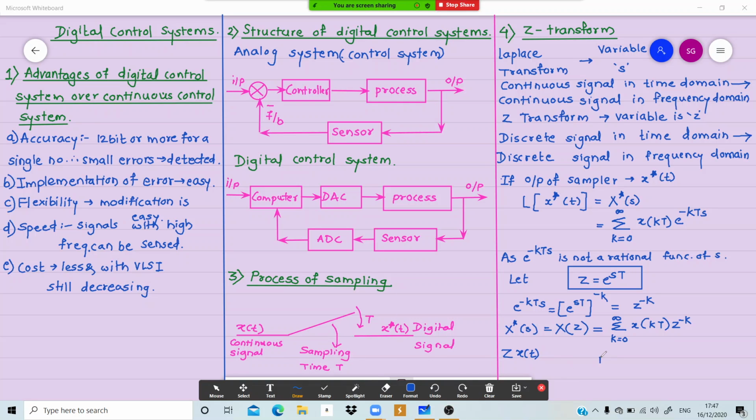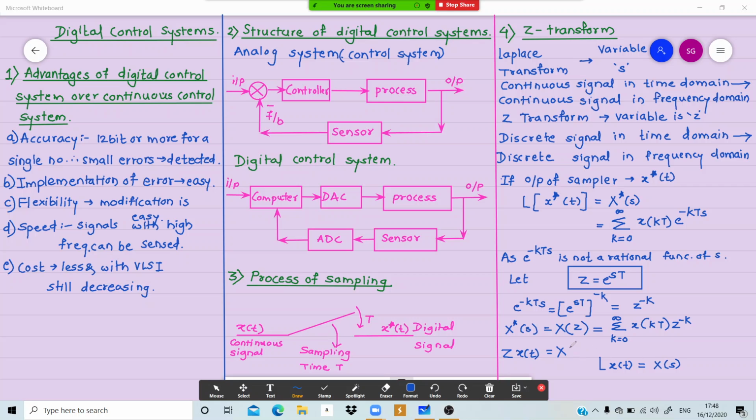So when you say Laplace of x of t, you write capital L and then you write x of s. On the same line, when I'm taking z transform of x of t, it is equal to x of z.